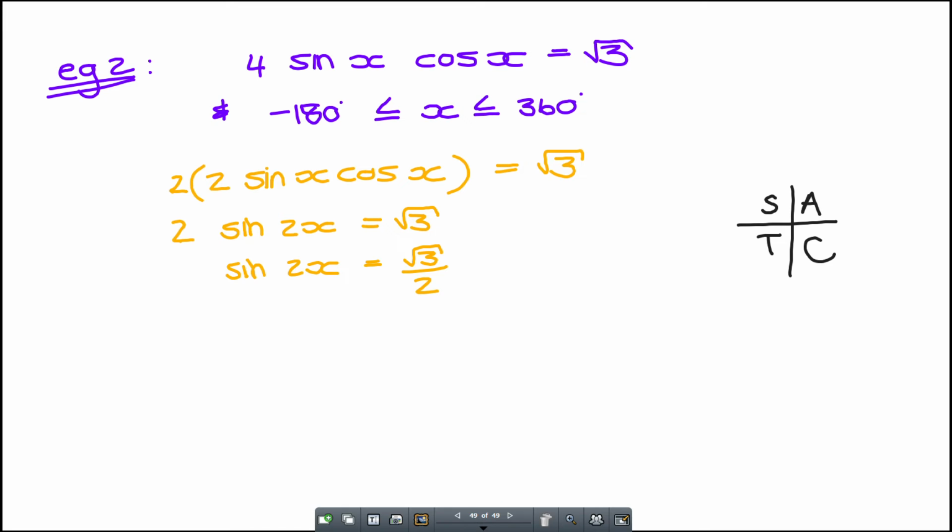It depends on what your restriction is. First quadrant is between 0 and 90. So technically it will only be the reference angle. So 2x is equal to 60 and then plus n times 360.